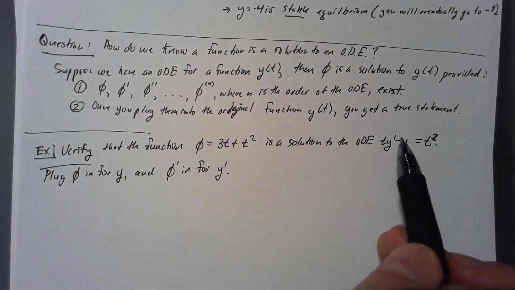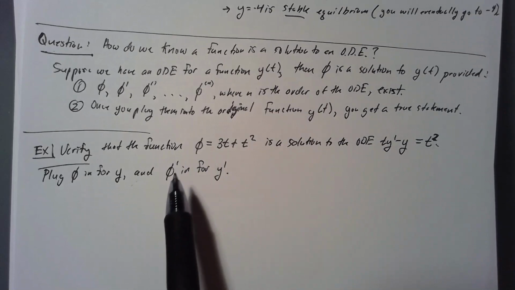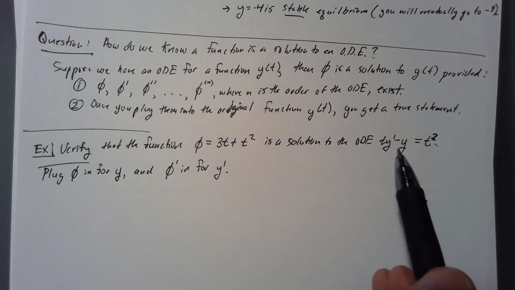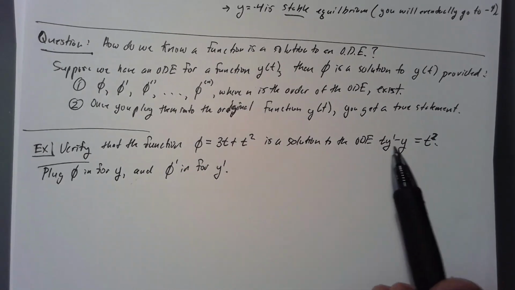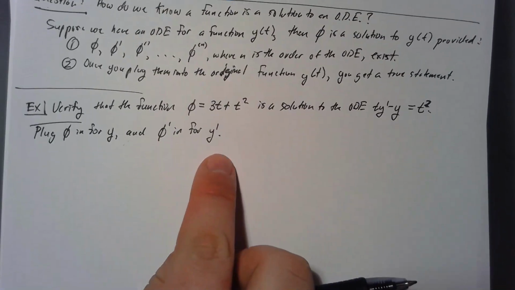And if you had the second derivative, if this was a second order diffie-q, you would do the second derivative of phi for y double prime, and so on. If I plug them in here, I should get t squared, and that would mean that this is a solution to this differential equation. So now you just got to go through it.